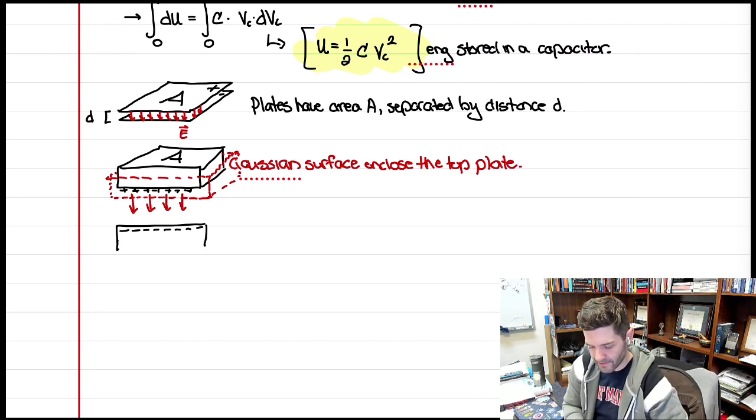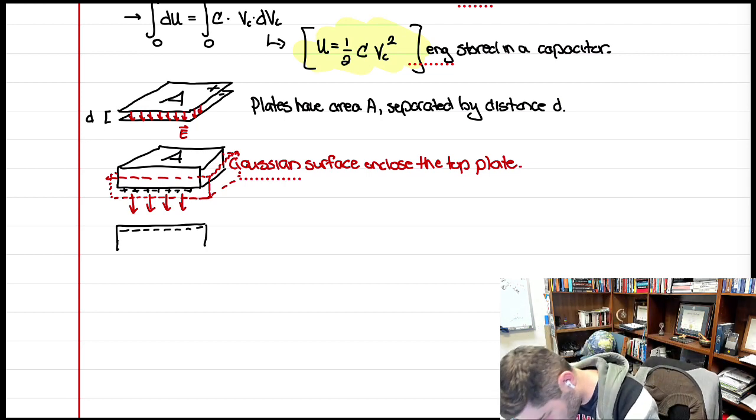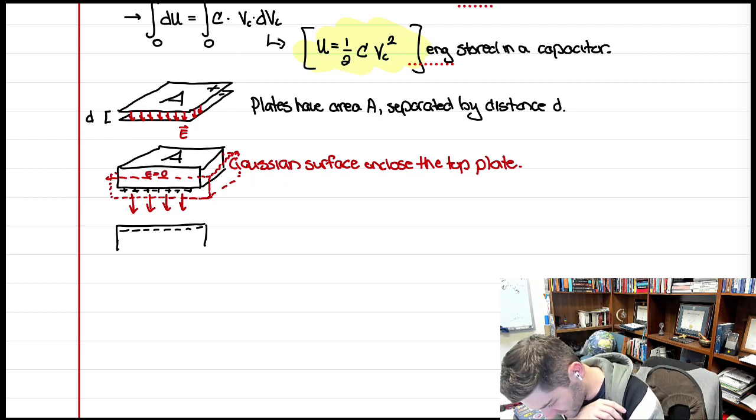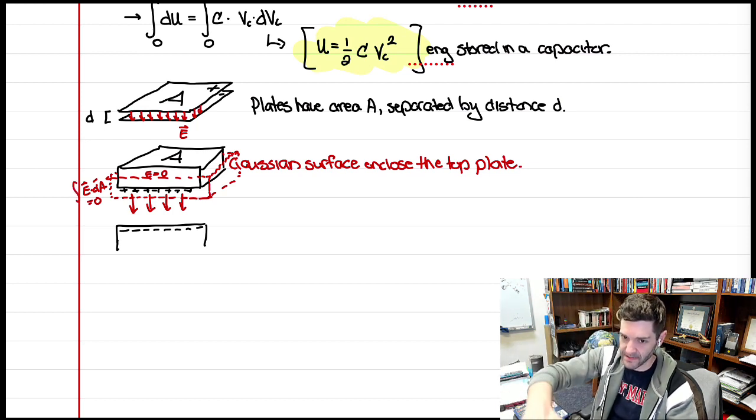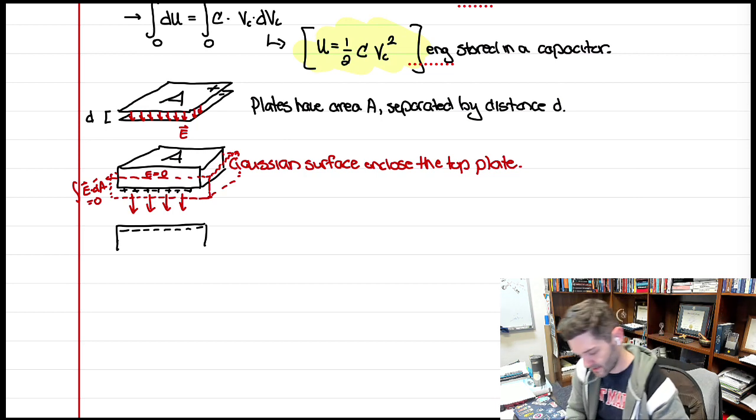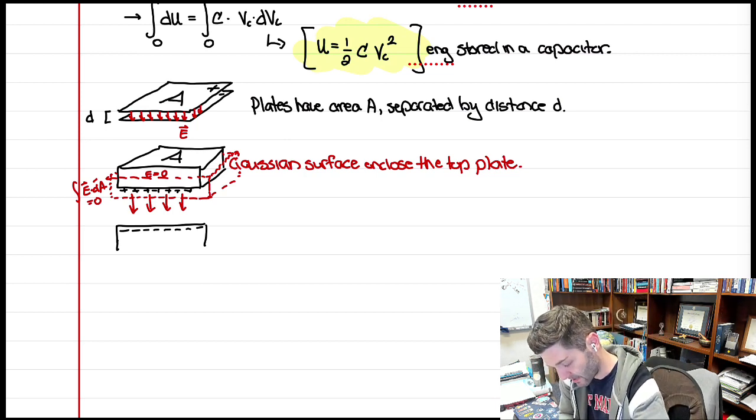So when I evaluate the flux, the electric field is 0 inside the conductor, and the flux is 0 through the sides of this surface as well. So it's really only the bottom face of the Gaussian surface where there's any flux, any field lines piercing through.